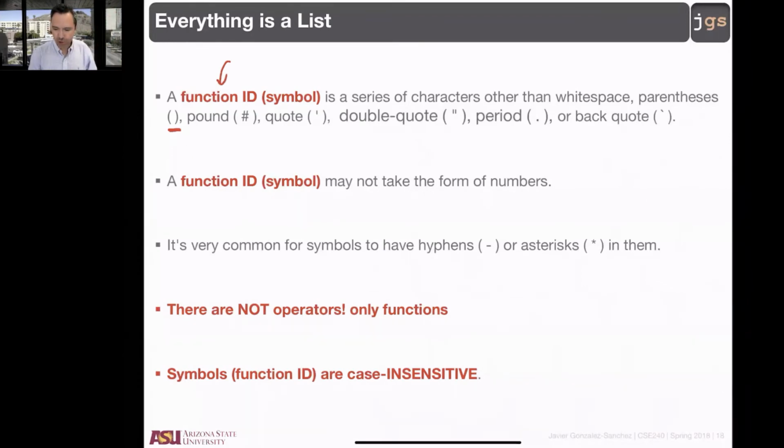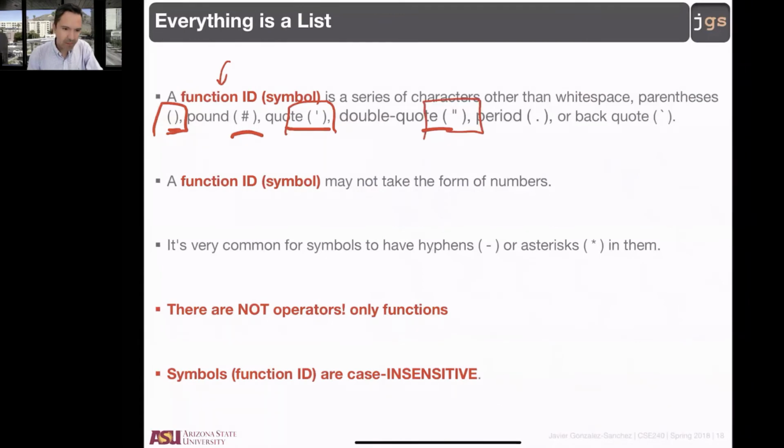I cannot use the quote. The quote is important because we're going to use the quote for a very particular thing later. So this one and this one are very, very important symbols in the language. We cannot have functions with that name, but there are others.